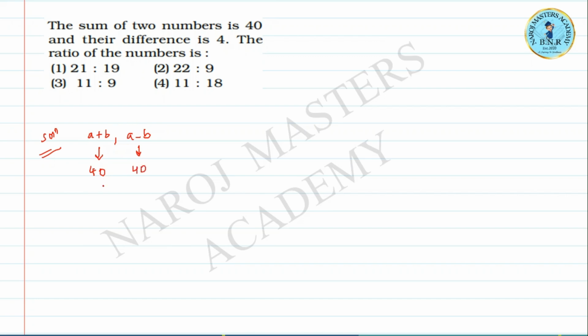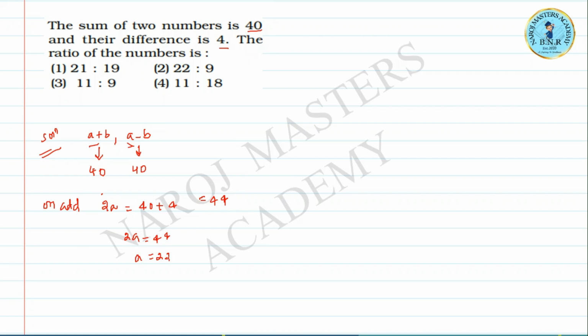So on adding both, can we write it as 2a? 2a is equal to 40 plus 4. 40 plus 4 is equal to how much? 44. Now 2a is equal to 44, a is equal to 22.